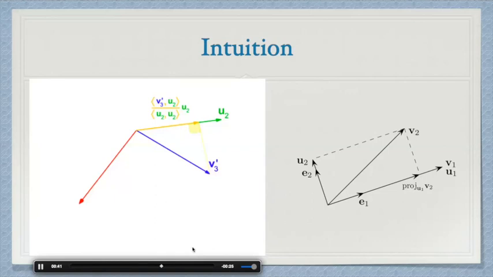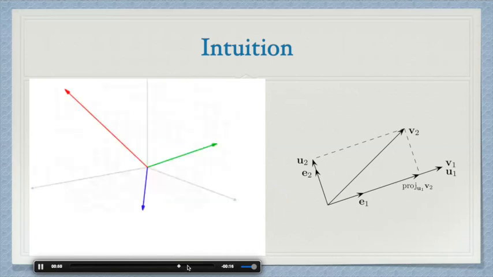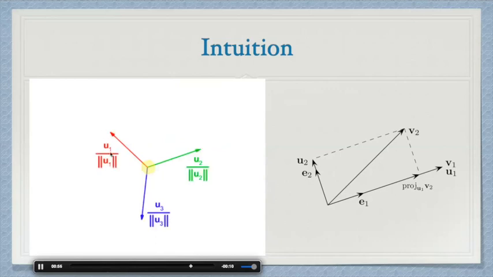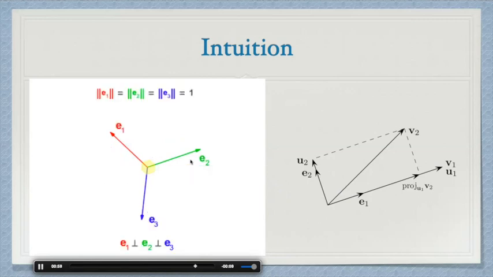We can now further normalize these three vectors to get the orthonormal set of vectors. See here, U1, U2, and U3 form an orthogonal set, whereas when we normalize them, we get E1, E2, and E3, which are orthogonal and normal at the same time.